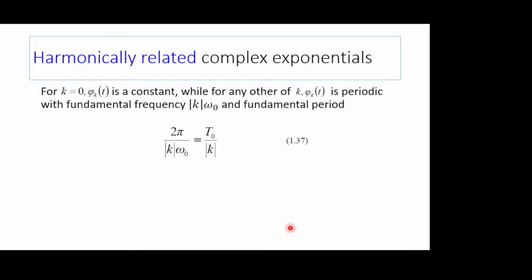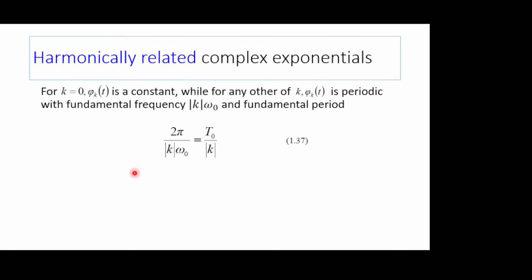Oh, something special. When k equals 0, once again we have a degenerate case, where the signal is a constant. That's periodic with any period. But for other k, our phi k of t has fundamental frequency the absolute value of k times omega naught, because we define omega naught as a positive value here.